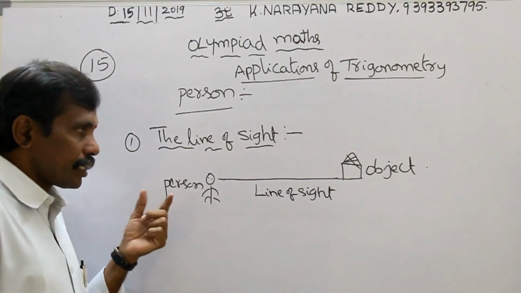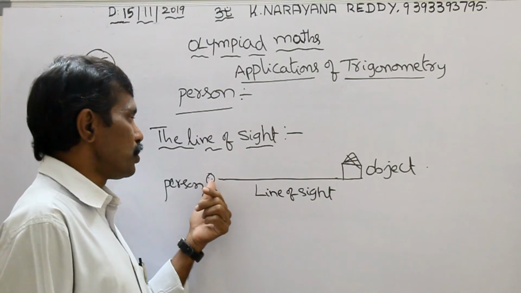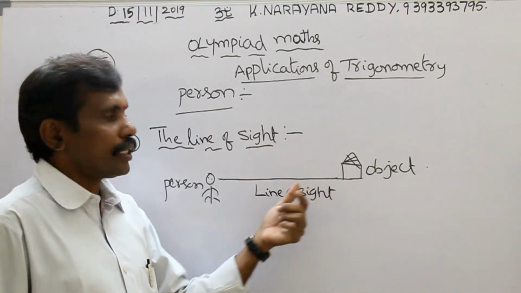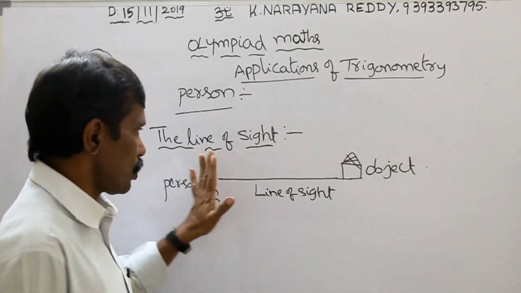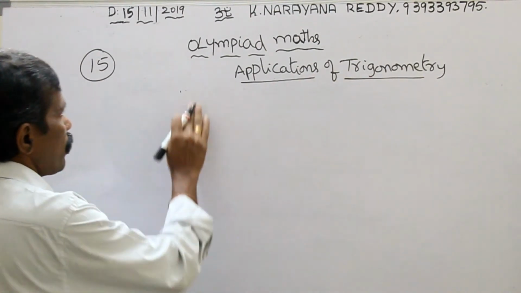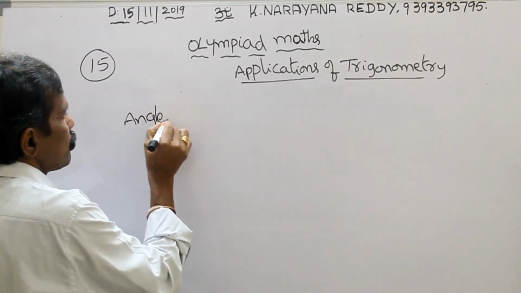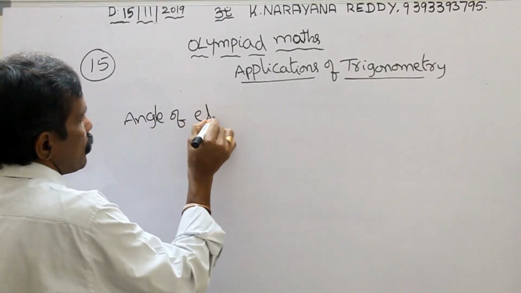Line of sight is nothing but the line joining the observer's eyes and an object. Okay, this is the first point. See the next point. Next point is nothing but angle of elevation.